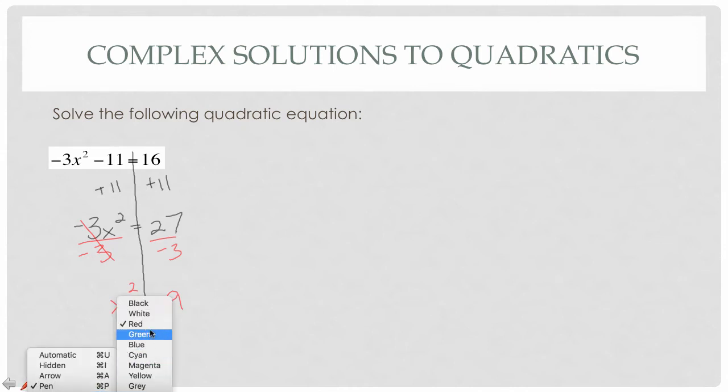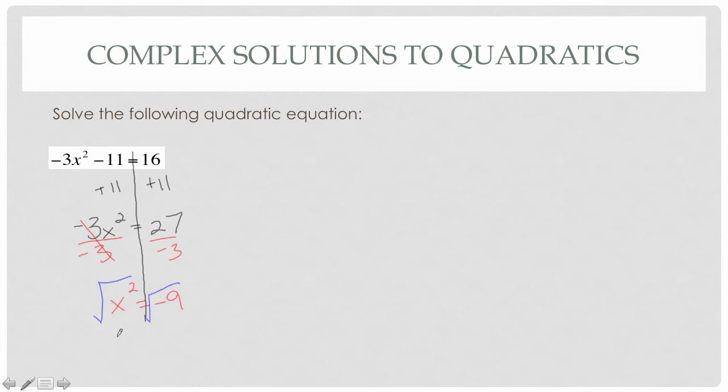And cruising along with our process here, I'm going to square root both sides. So x equals plus or minus the square root of negative 9. Now you can try this on your own, but what happens when you try and calculate the square root of negative 9?